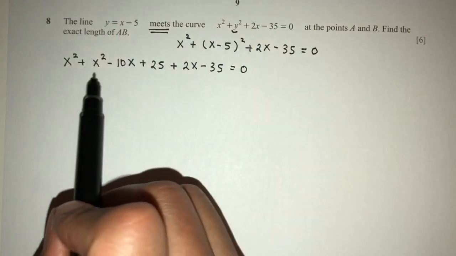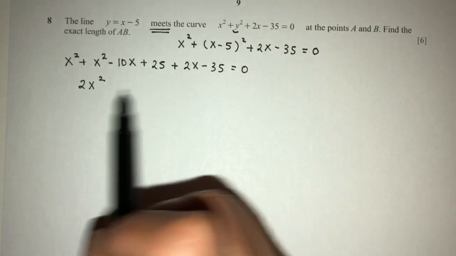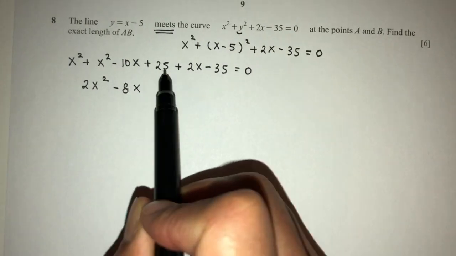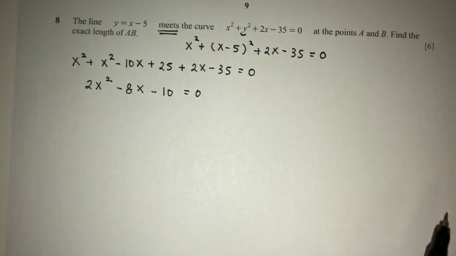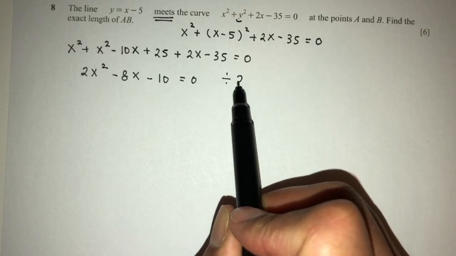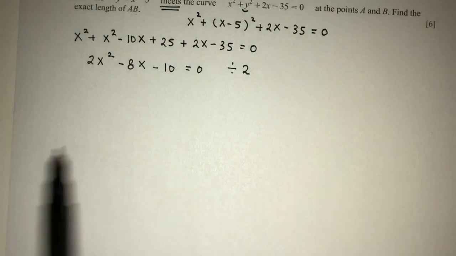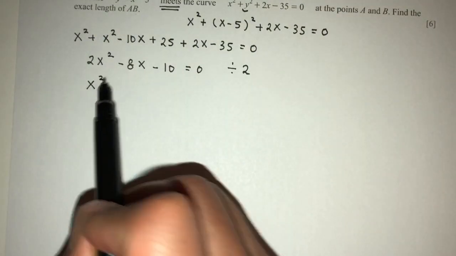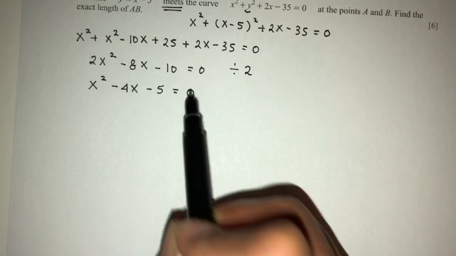Now if you add those two, that will be 2x squared, minus 10 plus 2 will be minus 8x. This minus this will be minus 10 equal to 0. Now we can simplify this equation by dividing by 2 everywhere, because they are all even numbers. You will have x squared minus 4x minus 5 is equal to 0.